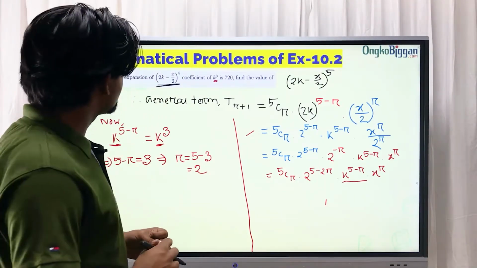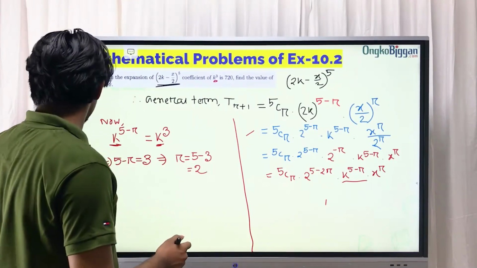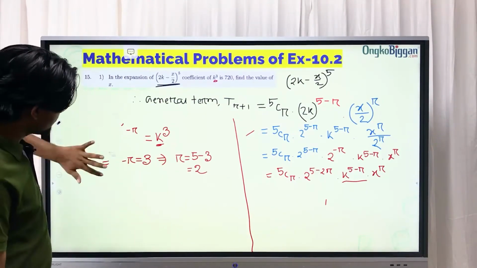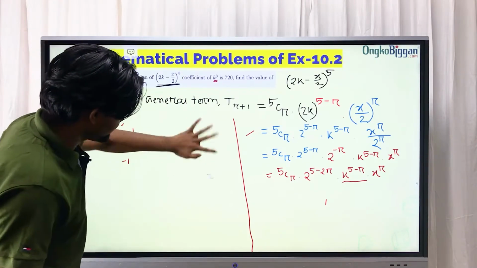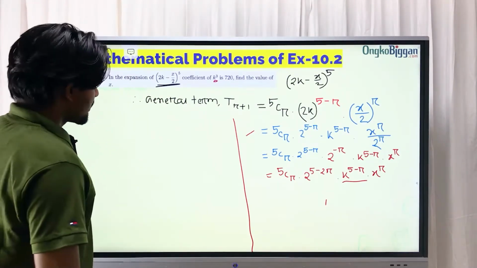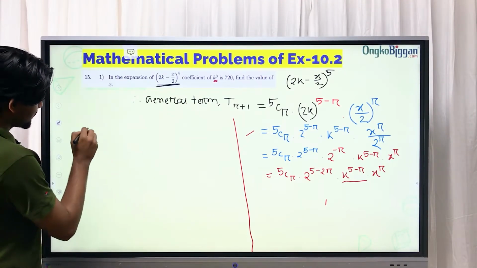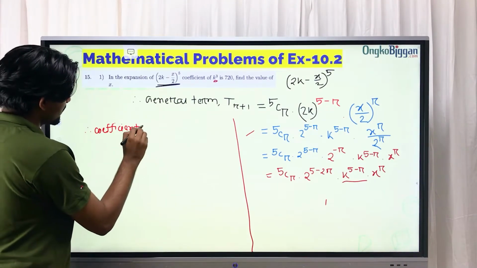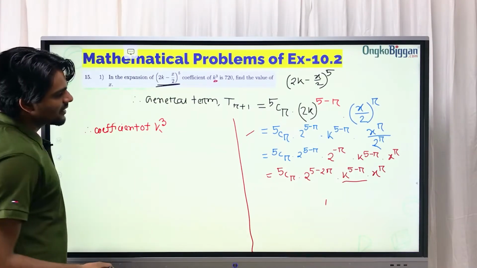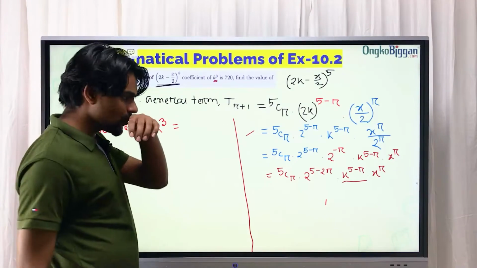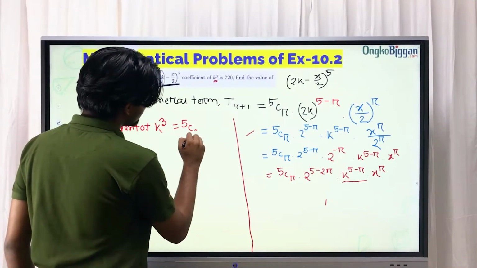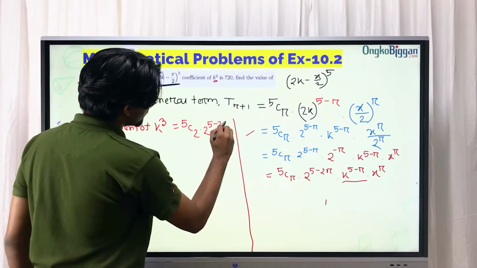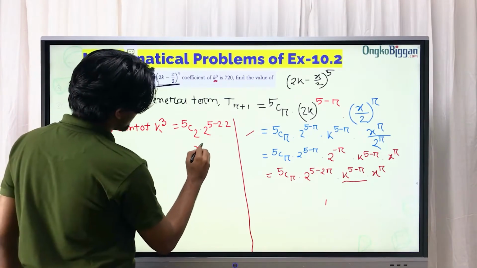So the coefficient of k cube is equal to, we got r equals 2, so 5C2 dot 2 to the power of 5 minus 2 into 2 dot x to the power of r.